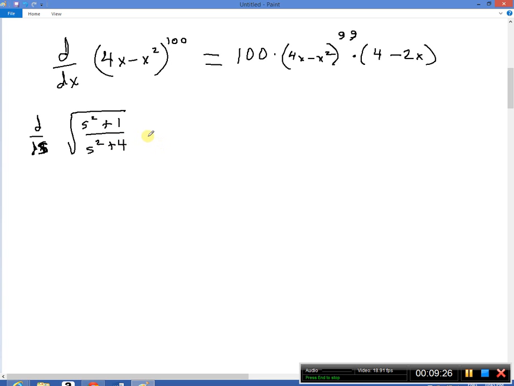So you ask, how do you take the derivative of something like this? Well, just look at it as a power. This is the derivative with respect to s of s squared plus 1 over s squared plus 4, all of which is raised to the 1/2 power.